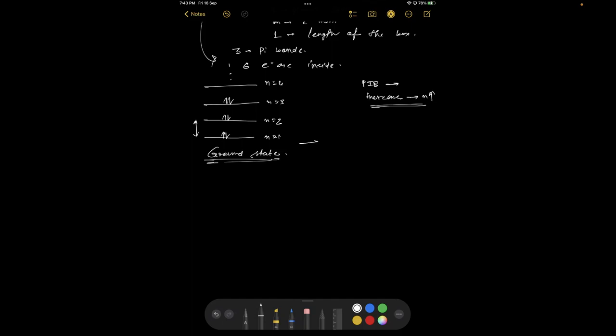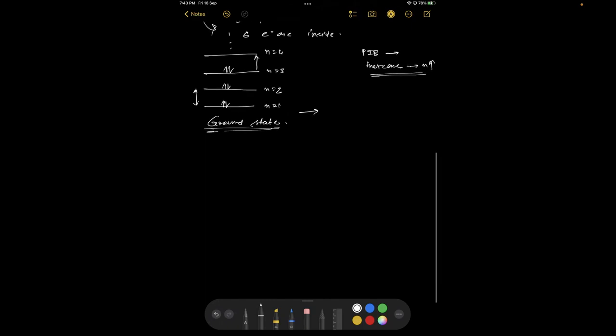Now the first excited state will be the transition from n equal to 3 to n equal to 4. Transition of an electron from n equal to 3 to n equal to 4 state, right? So if you draw the energy level diagram corresponding to the first excited state of the molecule, it will be n equal to 1, n equal to 2, n equal to 3, n equal to 4, right?